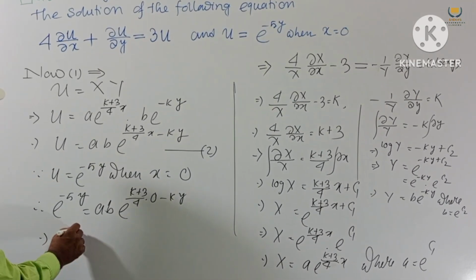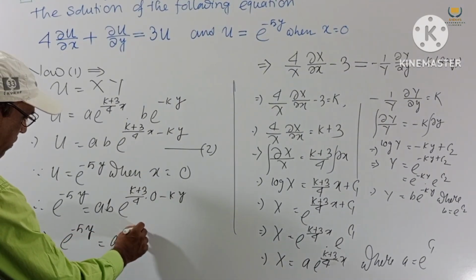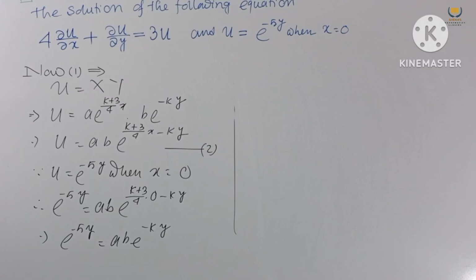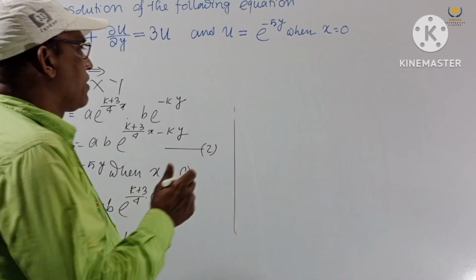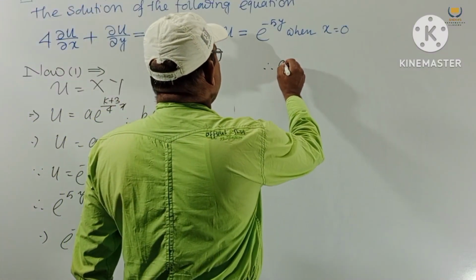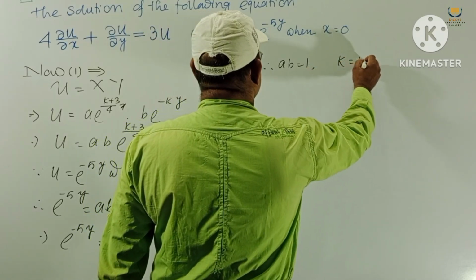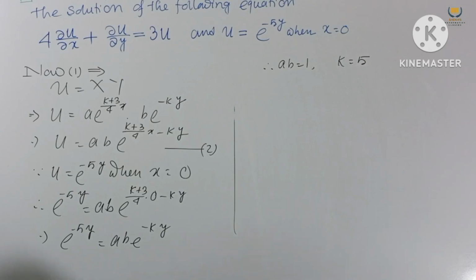This is e^(-5y) = ab e^(-ky). Now if we equate, here we get ab = 1 and -k = -5. Therefore ab = 1 and k = 5.